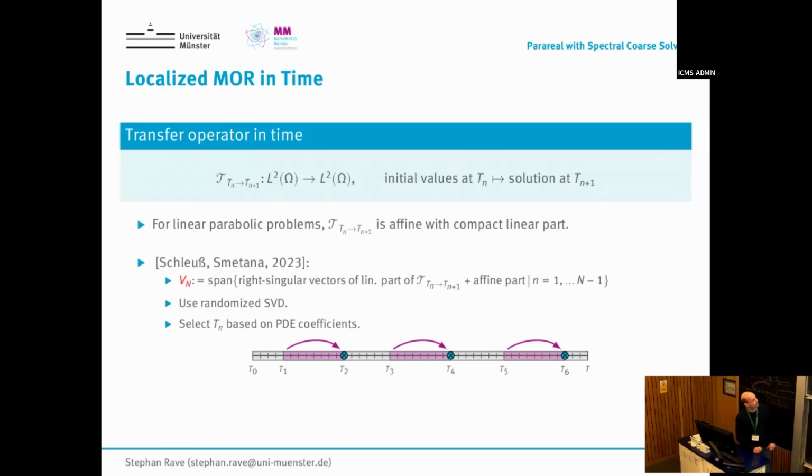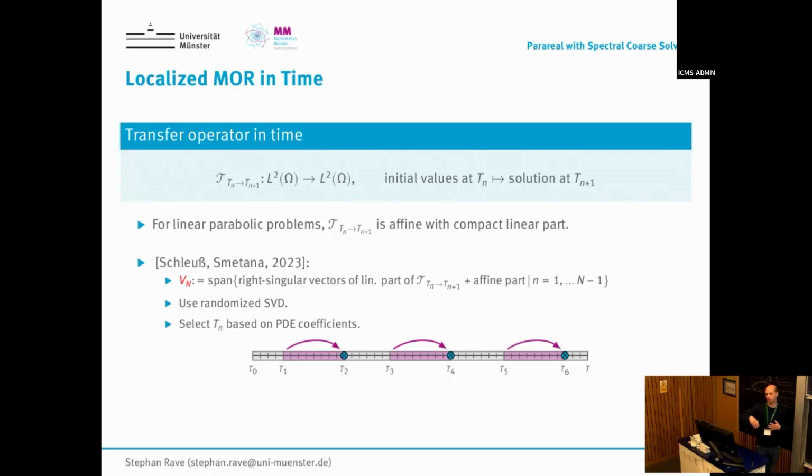And then if I have a compact operator and I want to approximate this operator, what I do is singular value decomposition. And a method out of this has been done by my colleague Julia Schleus, also from Münster. What they did is they pick some points in time, T1, T3, T5 here in this picture, and then they put some random initial conditions at these points, evaluate the transfer operator, and then they look at what remains at the future point.